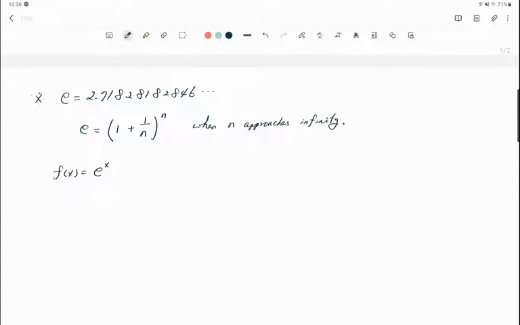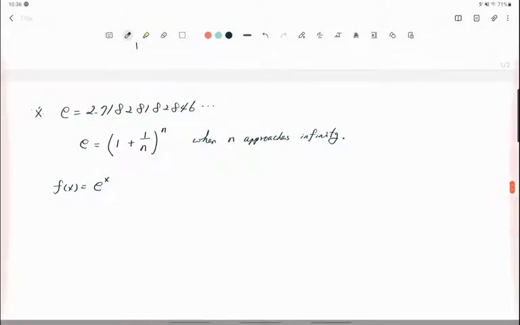If you make n very large, like 1 million, 1 trillion, whatever, as n goes to infinity, we get the e value. Usually we write the e value as 2.71, but this is an irrational number.